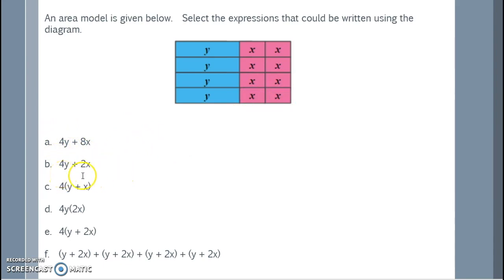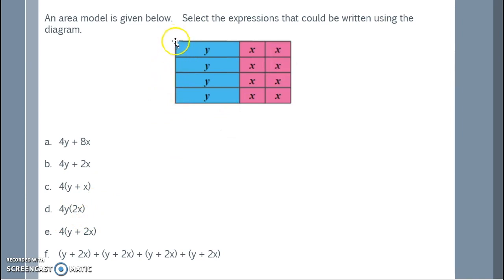Here's 4y, but then it has plus 2x, so it's not counting these 6, so B is not correct. 4 times y plus x. Well, we do have 1, 2, 3, 4 groups here, but each group is y plus 2x, not just y plus x, so C is not okay. Further, 4y times 2x.